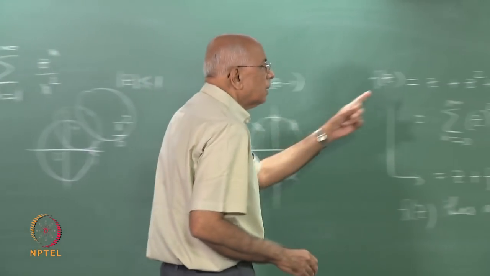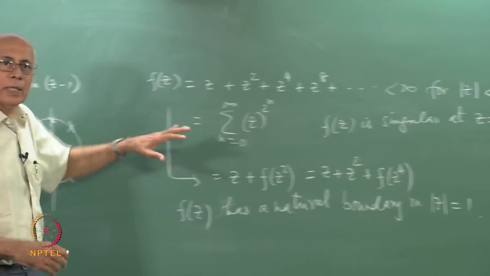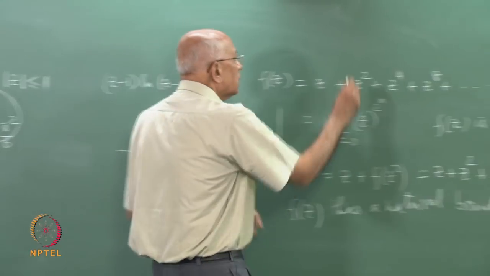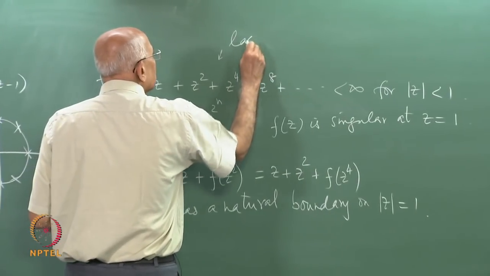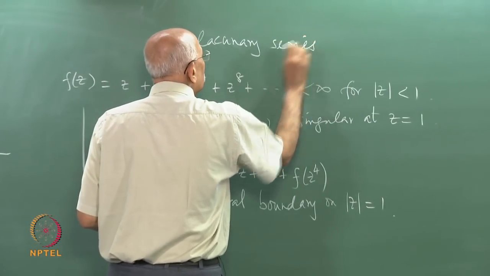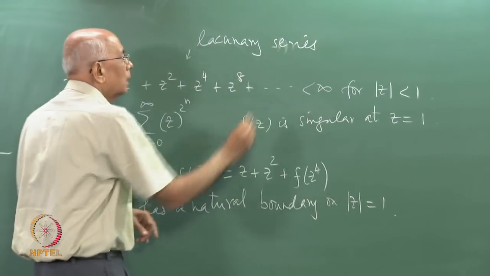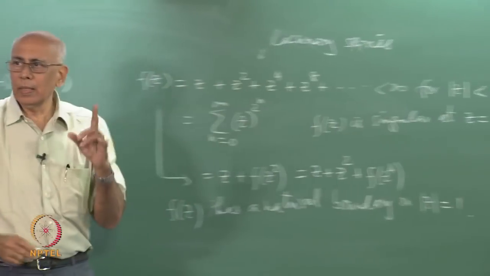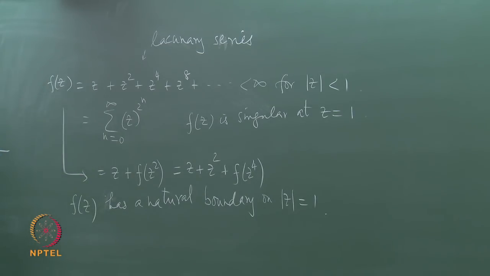Yeah. So it's not possible to continue this, and this sort of series, which doesn't have a continuation outside, this kind of thing is called a lacunary series. You can construct many other such examples of lacunary series.